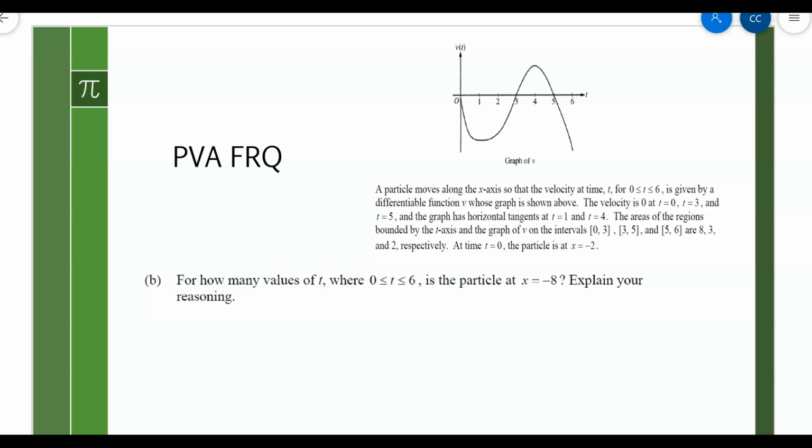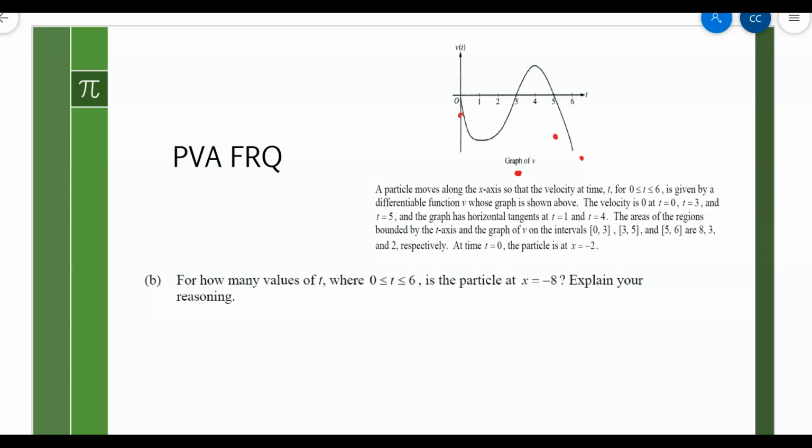So again, we're kind of just taking that into account. So I'm going to draw on this graph. At 0, we're at -2. At 3, you're down here, and we'll say that's -10. At 6, you're at -9. And we said at 5, we were at -7.